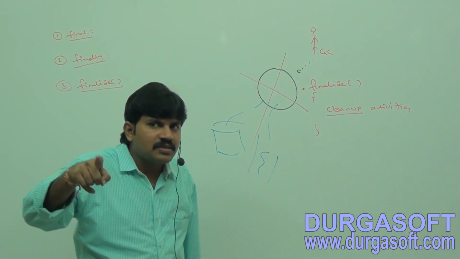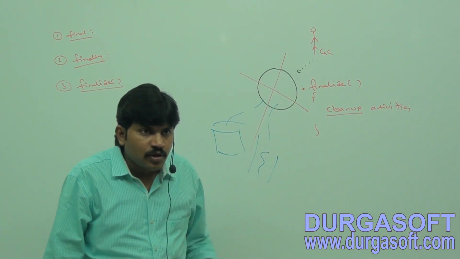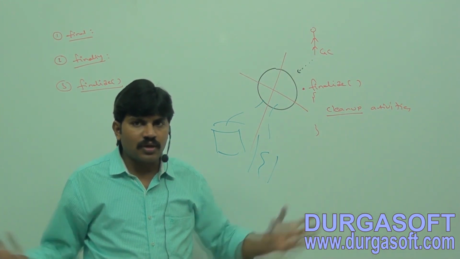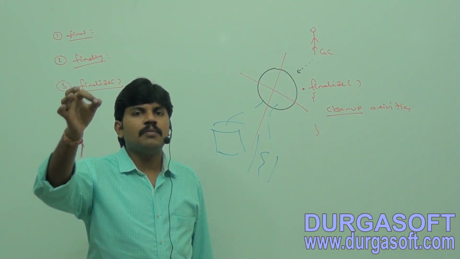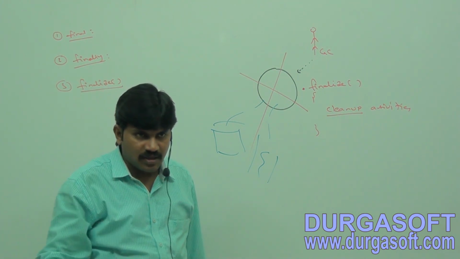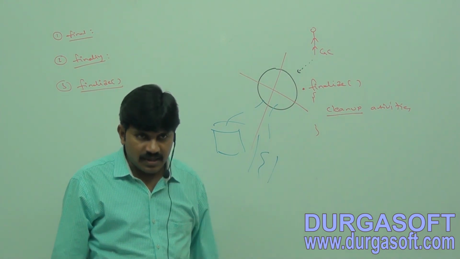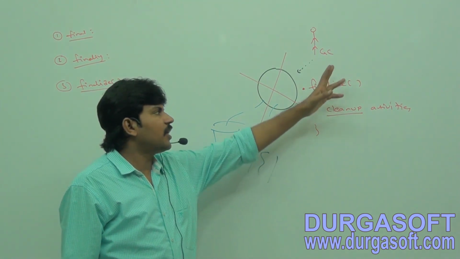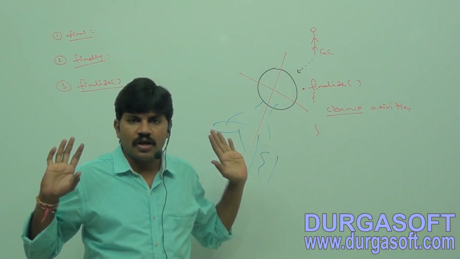For which purpose? To perform cleanup activities. Let me convert this into a single line: just before destroying an object, the garbage collector always calls the finalize method to perform cleanup activities. Once it completes, the garbage collector destroys that object.